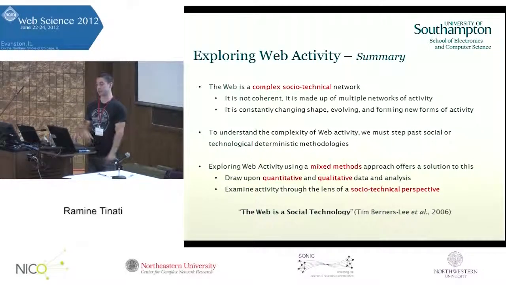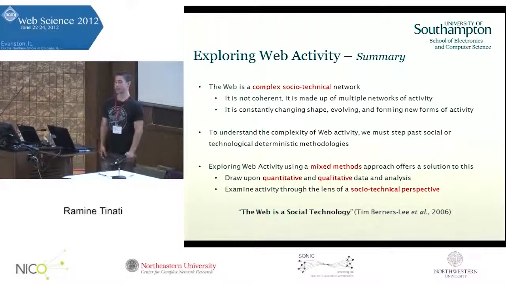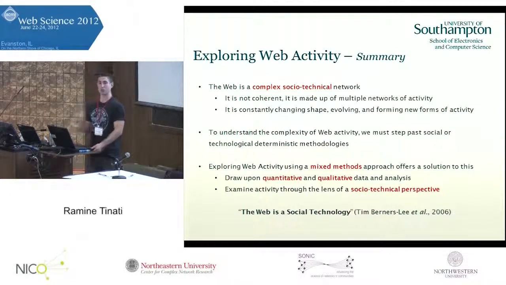This comes back to the final point: the web is a socio-technical system, a network of people and humans interacting. Rather than looking at a big, large-scale coherent network like the web graph, we need to break it down and look at these different web activities. We need the qualitative and the quantitative to really understand what's going on. And the last quote, again, is: the web is a social technology.